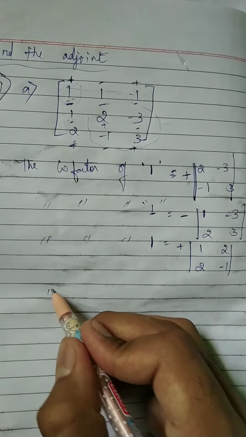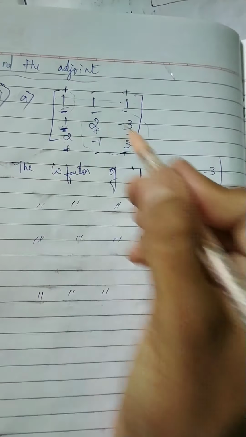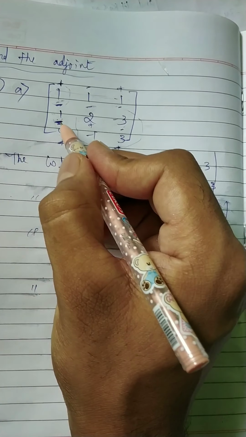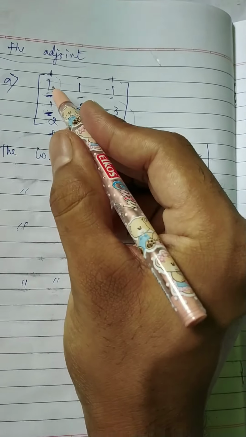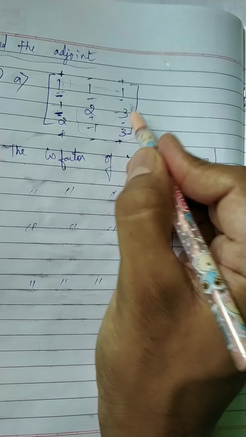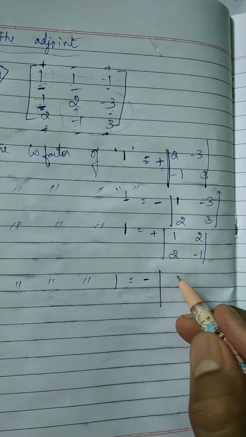Now the cofactor of this particular element will be what? What is the sign there? It is minus. So it is minus of, if you delete this column and this row, what is remaining? 1, 1, minus 1 and 3.